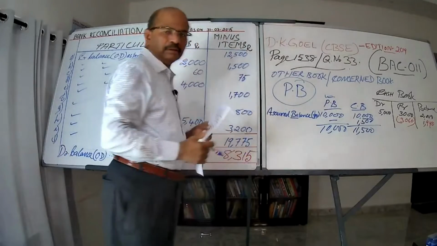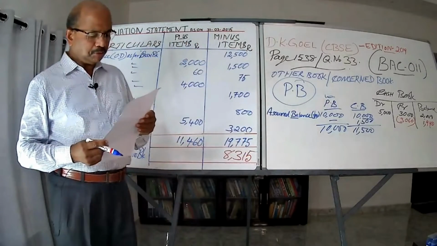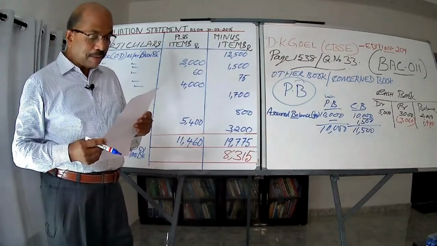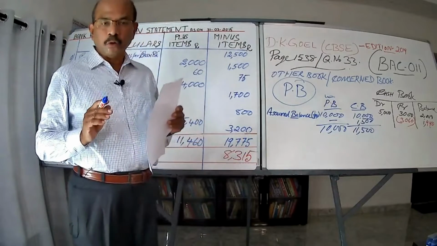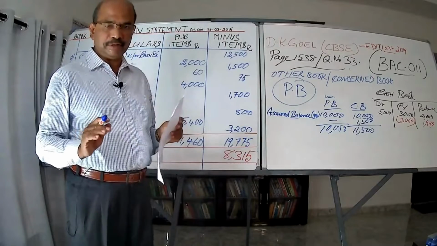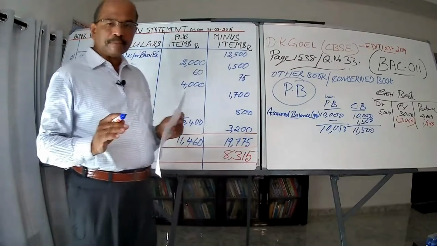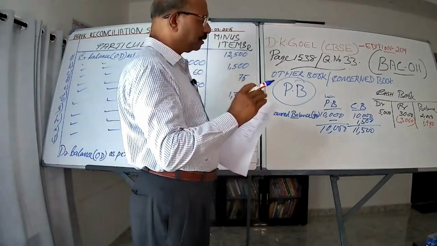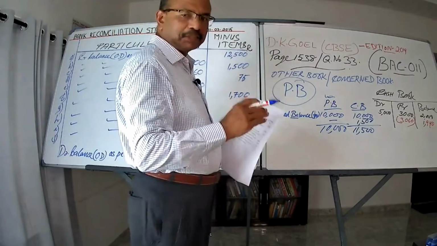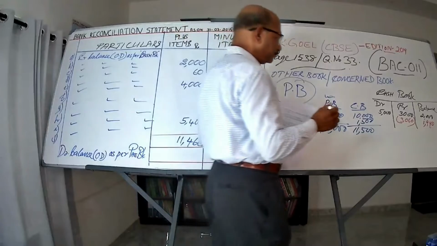Okay, fine. Next one. Credit side of bank column has been overcast. Overcast means over total, in a simple way. For that purpose, let us make a small cash book, to see how it was in the cash book.